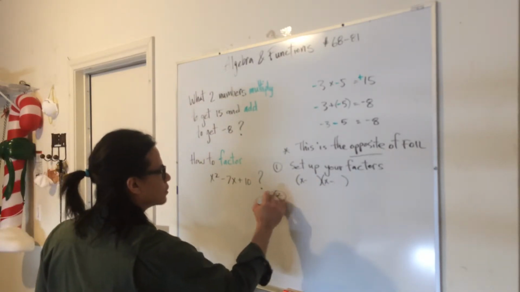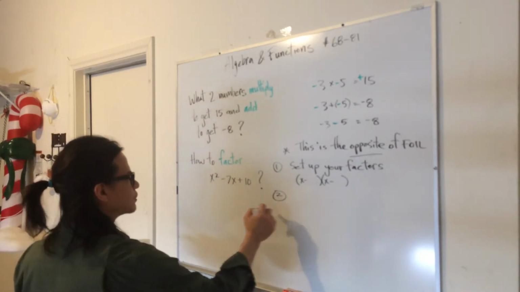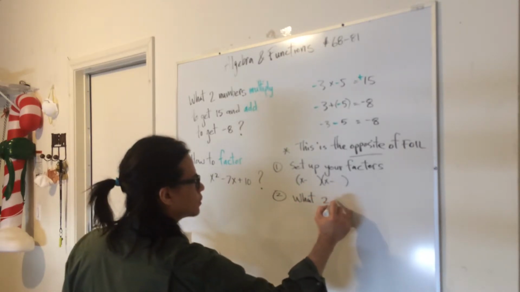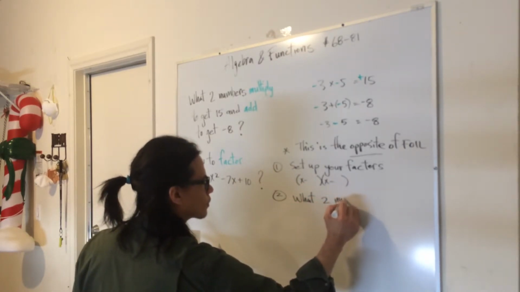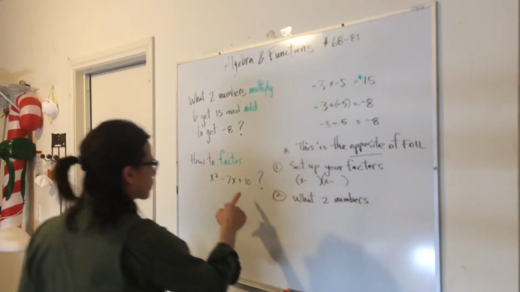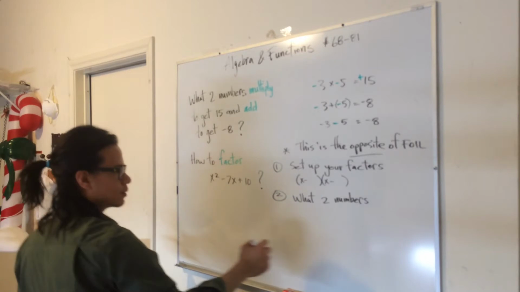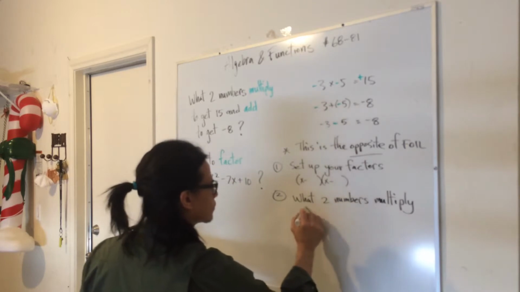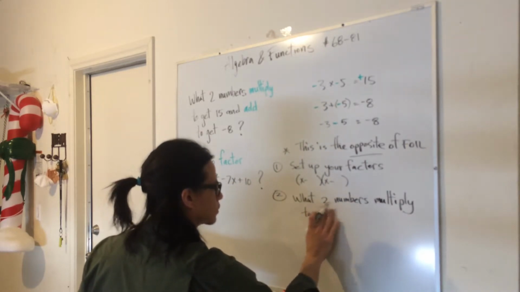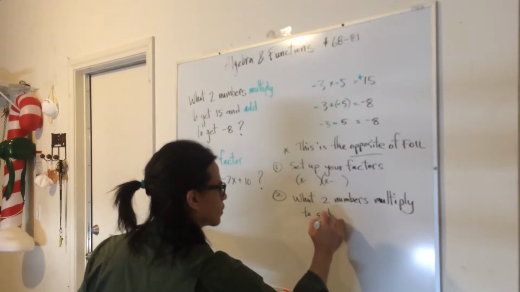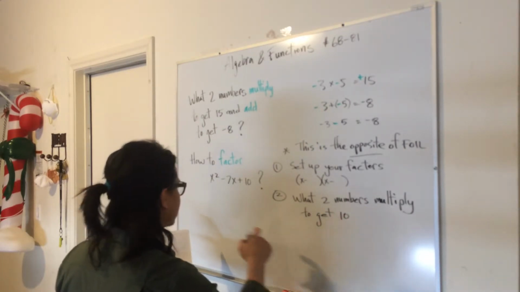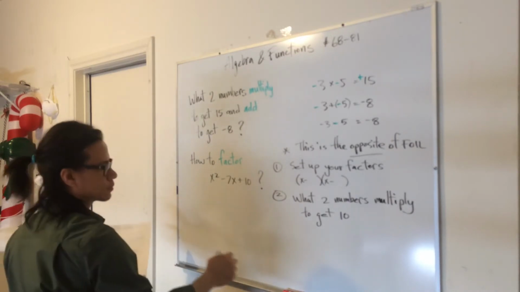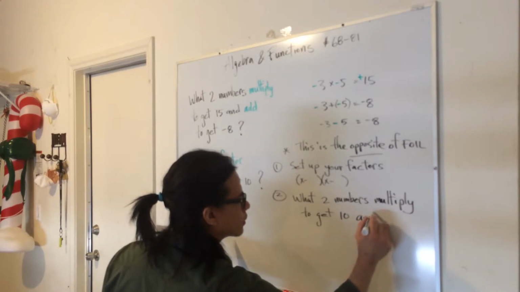Okay, now step 2, you're going to ask yourself, what two numbers multiply to get positive 10 and add to get 7?